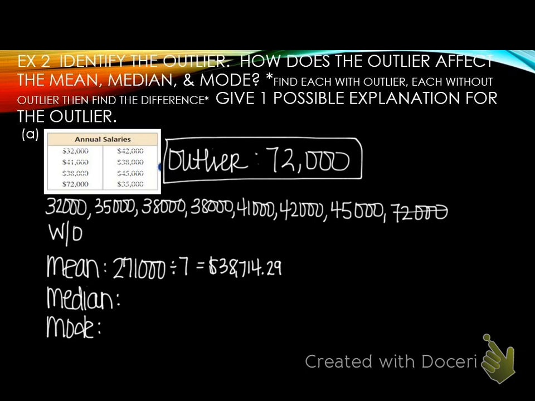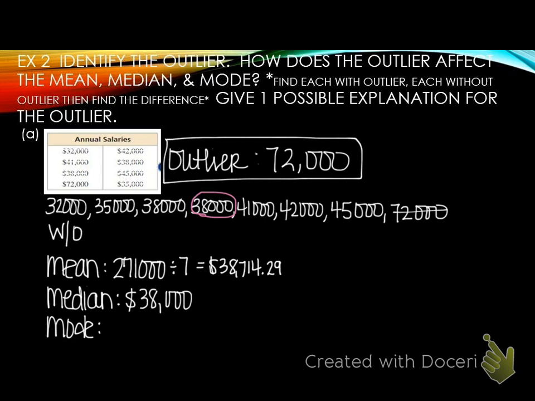Now, the median. You've got 7 numbers. So looking at those 7 numbers, Luke, which number is right in the middle? 38,000. The second one should be right in the center, because you have 3 numbers to the left of it and you have 3 numbers to the right of it. So your median is $38,000. All right, now look at your mode.